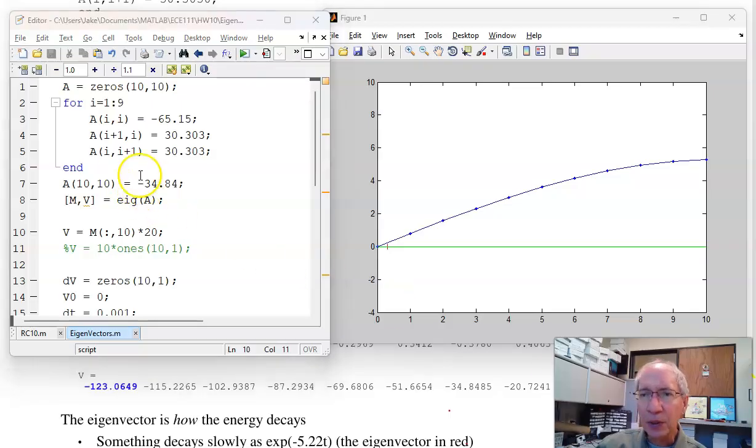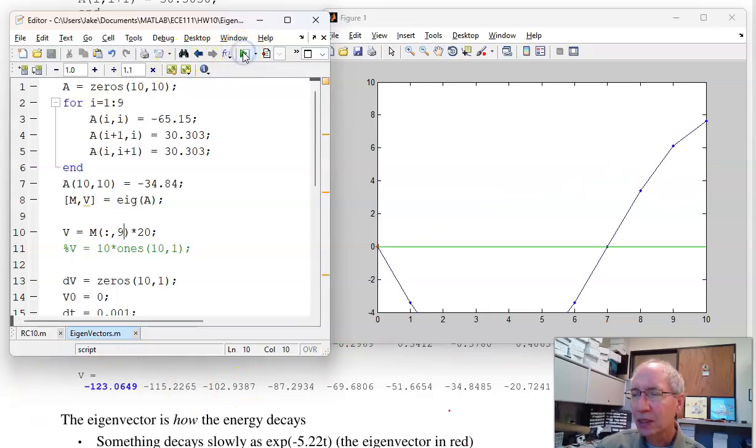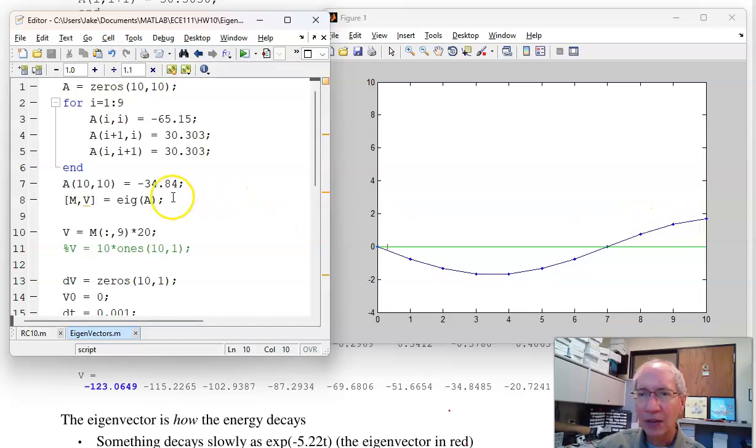Let's take the next mode. Mode number 9. The shape is the eigenvector, that's up here. The eigenvalue is how it decays. This will decay twice as fast, e to the minus 10t, and the shape is that. The eigenvalue is how fast that decays. And there's actually 10 modes. Let's take mode number 8.